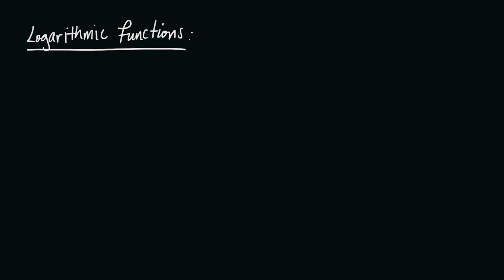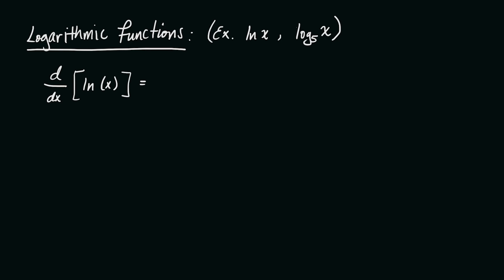A few examples of these would just be ln of x or log base 5 of x. Since these are examples, we can use this similar structure here. So the derivative of ln of x is just equal to 1 over x.